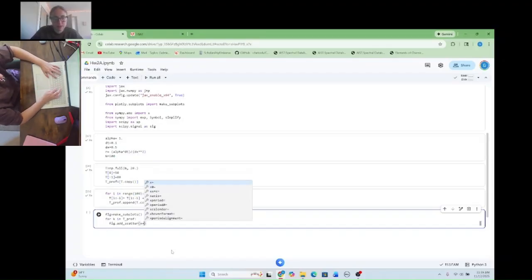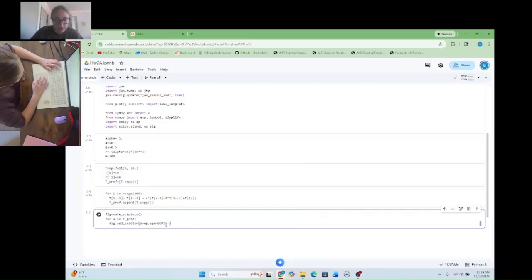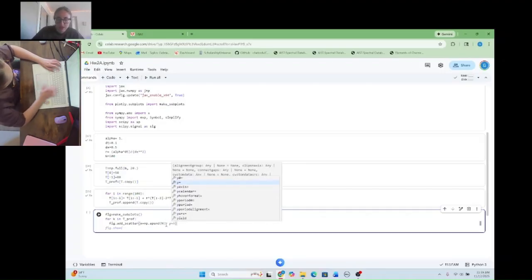Let's do mp.append, and we're going to do n, and then y is equal to our k.